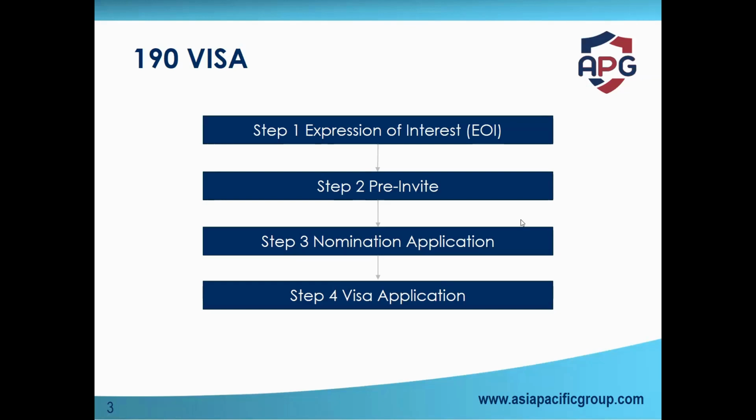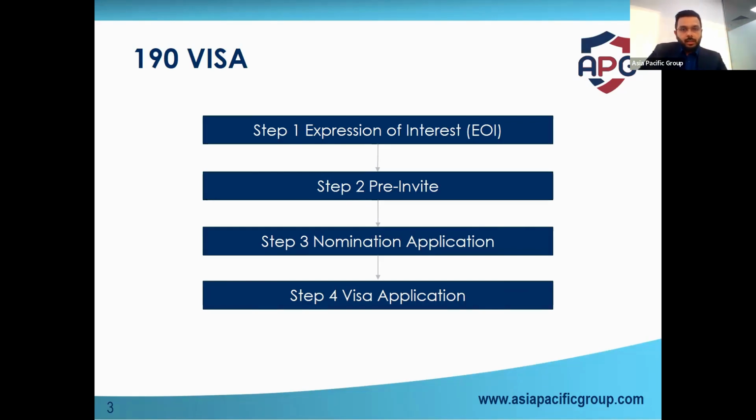Once the nomination application is approved, then you apply for the visa application, right? So this is a standard 4-step process that has been ongoing for NSW for the last, let's say, 2 to 3 years. So it has not changed, but the changes that occur are usually the occupation list and the experience required, right? So that's the first thing.